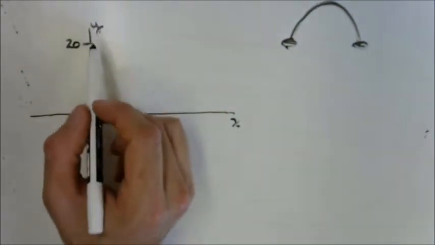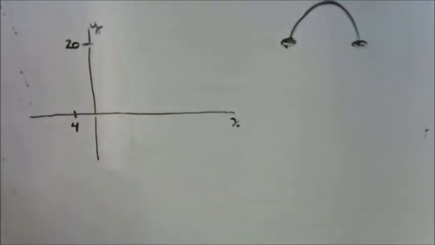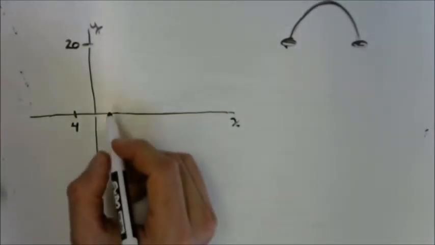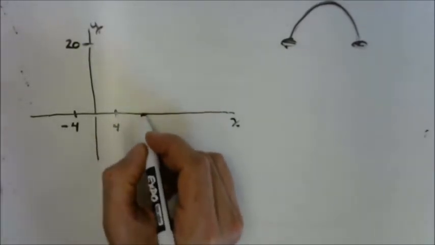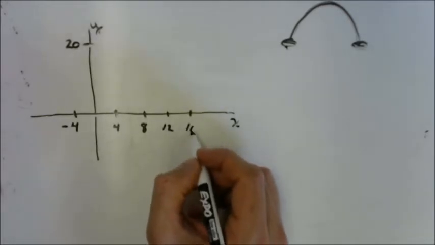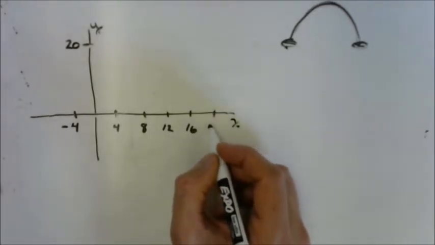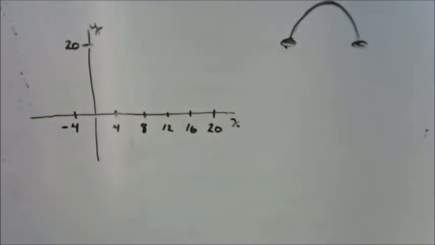So here's my y-axis, and I'm going to be 4 units to the left of it. If that's negative 4, then I should have positive 4, 8, 12, 16, 20, and that will be enough to draw it. You said 22? Is that by every 2 blocks? Yes. You think about it and make yours fit.